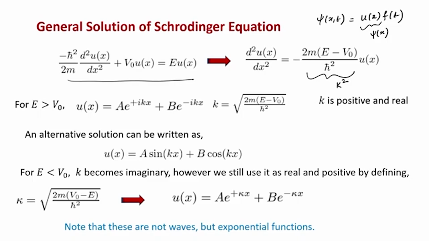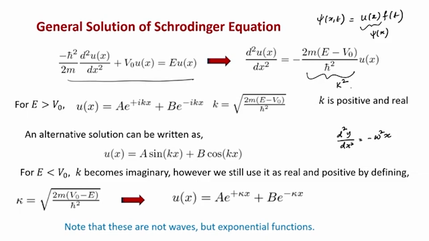We call it k², because the simple harmonic equation has the form d²y/dx² equals minus ω²x, where ω is the angular frequency, and one can find out the time period, or the frequency of oscillations, and so on, from this.